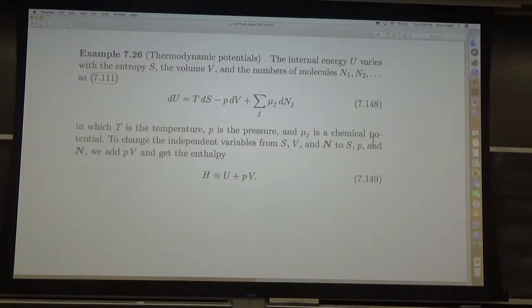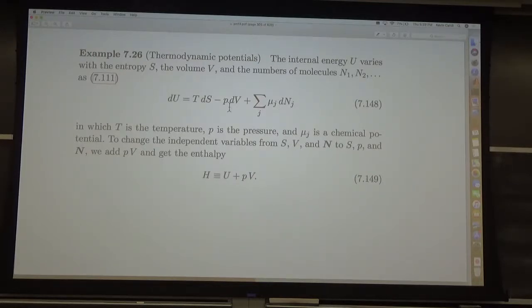So the internal energy, for example, we saw in equation 111, that dU was T dS minus P dV plus the sum of chemical potentials times the change in the numbers of molecules. And so then you can change the independent variables.